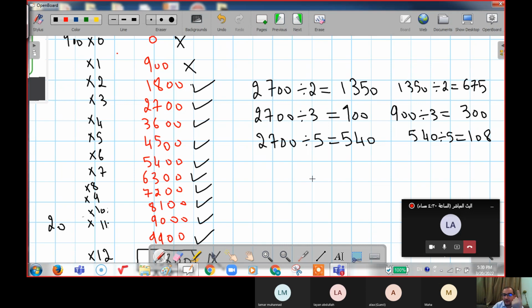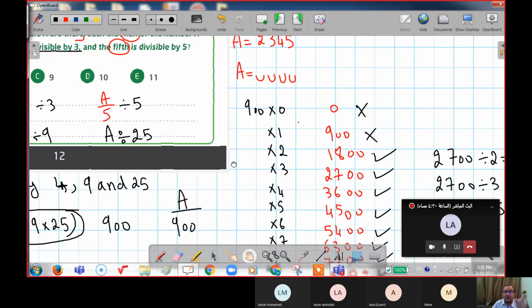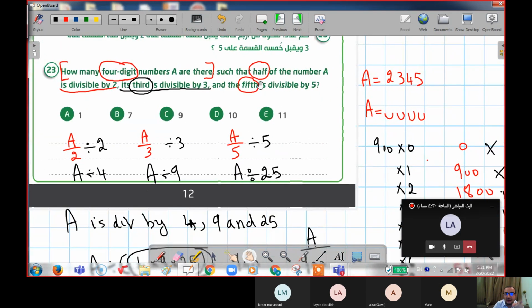I choose one of them and I try to divide it by 2, then by 2, by 3, then by 3, then by 5, and by 5. Why do I choose 2, 3, and 5? This is not from me. This is from the question, because the question says that the half is divisible by 2, the third is divisible by 3, and the fifth is divisible by 5.